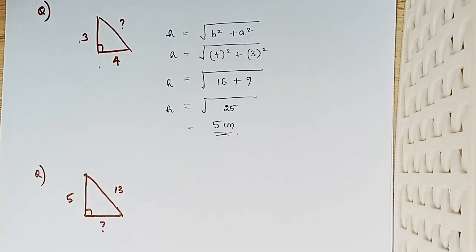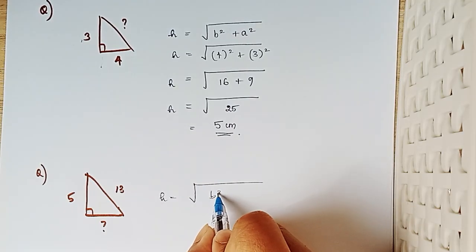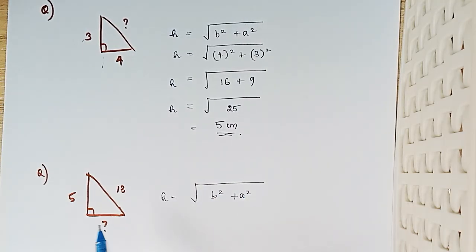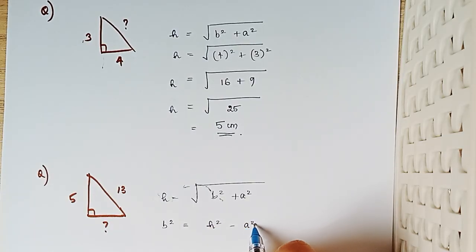We know that hypotenuse is equal to root of base square plus altitude square. We need to find base, so we substitute base to this side and hypotenuse to this side. Hypotenuse is positive over here, so it will be negative on the right side. That means base square is equal to hypotenuse square minus altitude square.